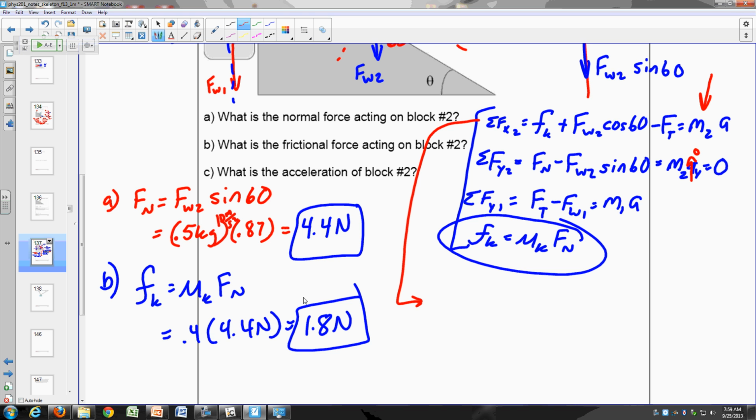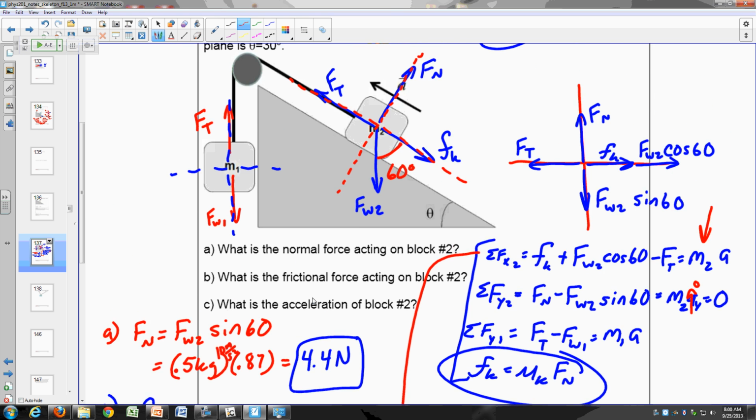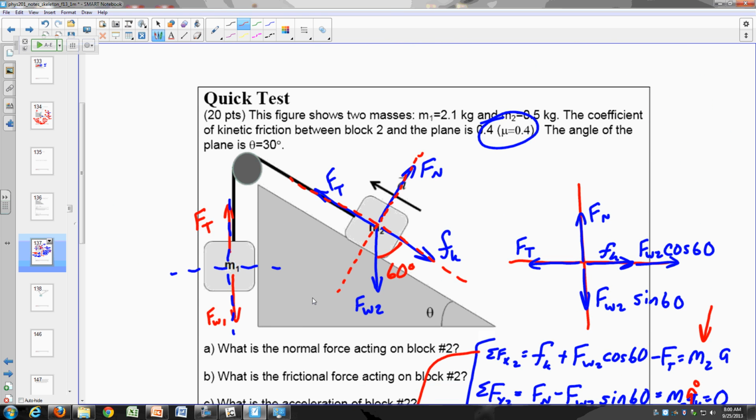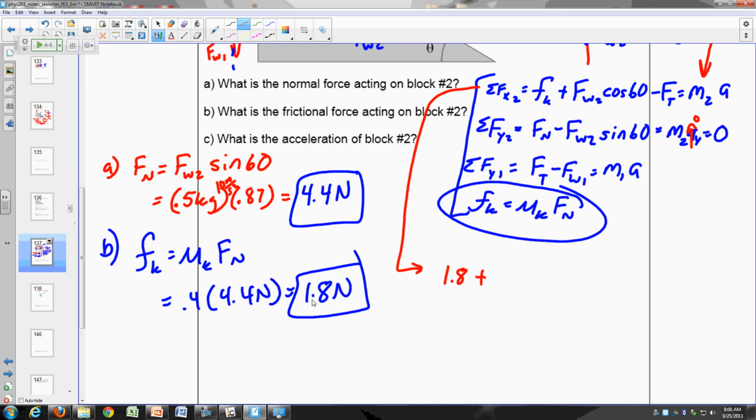This equation, I'm going to rewrite it just with the numbers that we know. That's 1.8. Fw2 is 5 newtons.